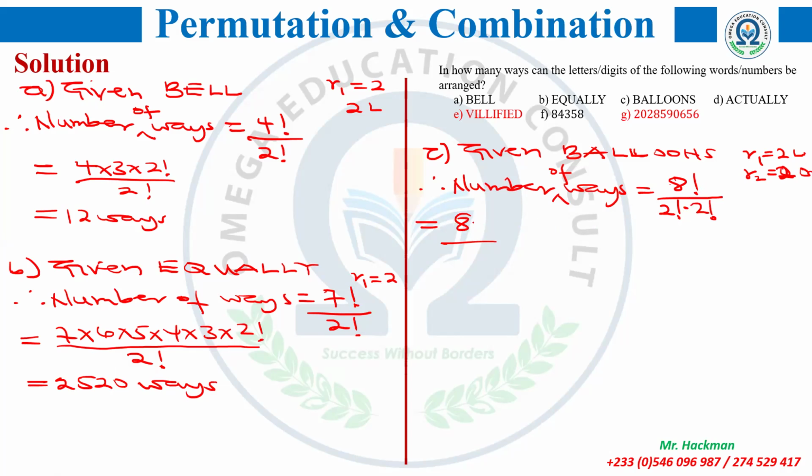So we just write it up to 2 for one of them: 8, 7, 6, 5, 4, 3, 2 factorial all over 2 factorial times 2 factorial. That's not the one that I'll use to cancel, so I'll write a value. So this will cancel that, and this will go here, maybe 2. Then you multiply. So your answer, you attach ways.